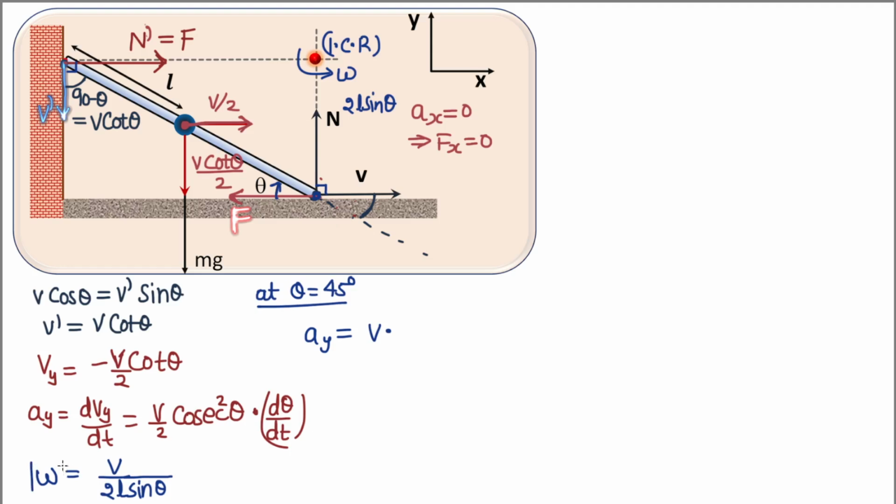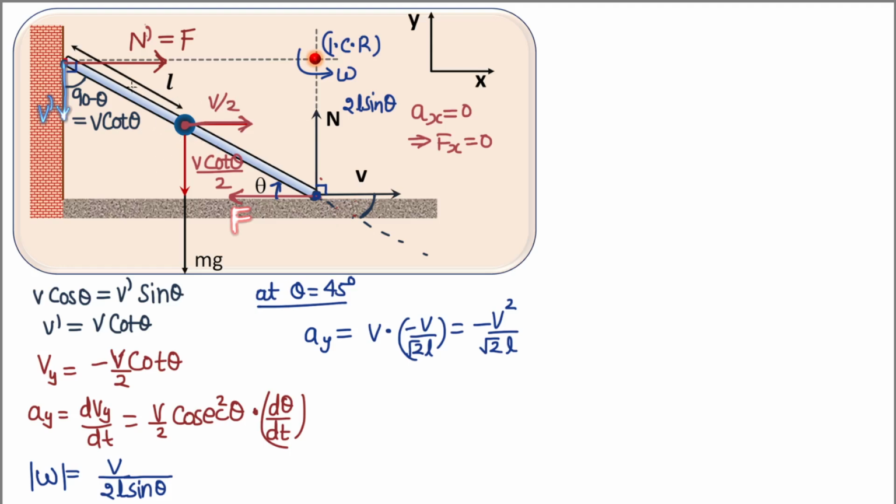Here we have determined the magnitude of the omega, right? That is this much. And if we just put the value as 45 degrees, this will become minus of v by root 2L. So this will become minus of v square by root 2L. And this minus sign actually says that this point will have acceleration in the downward direction.